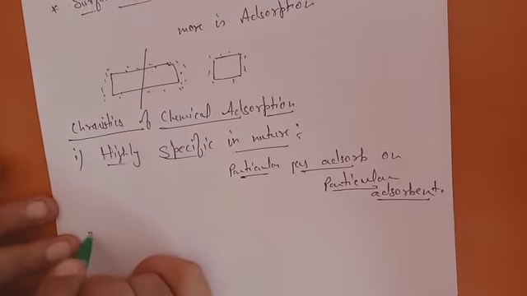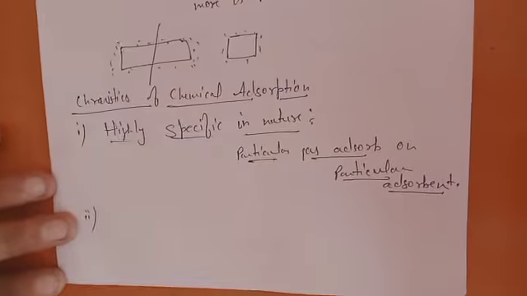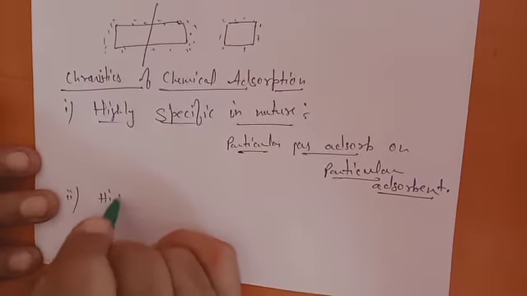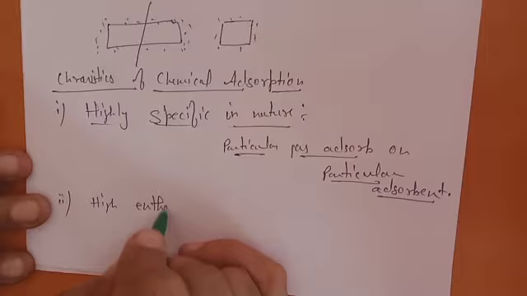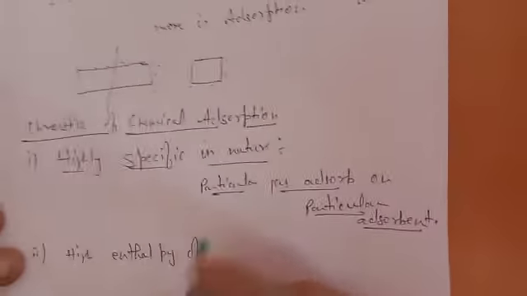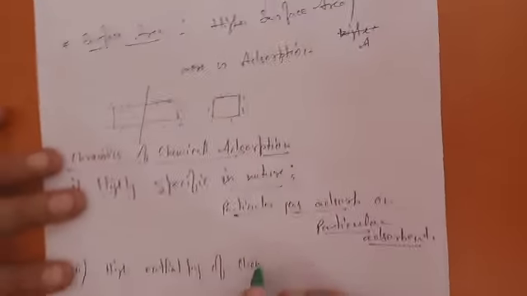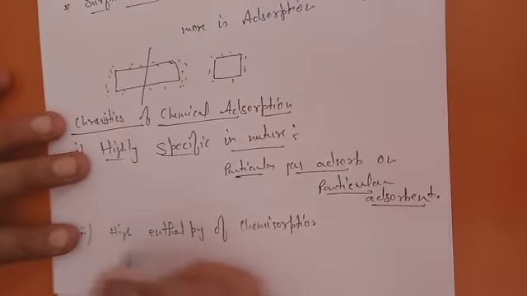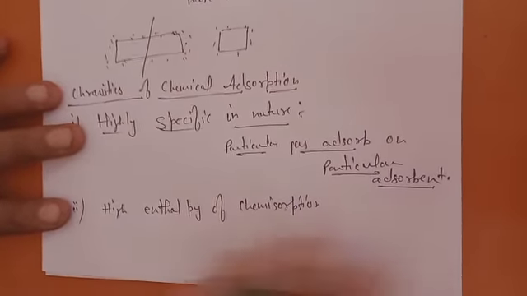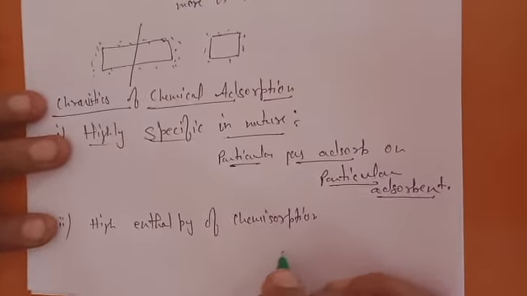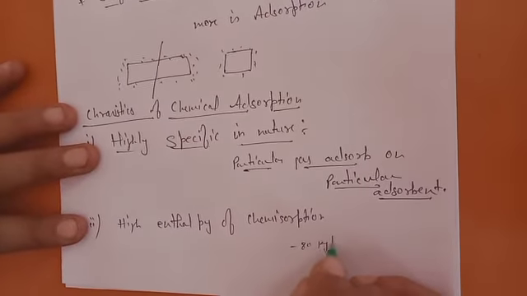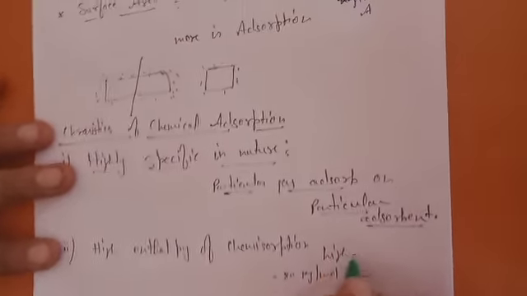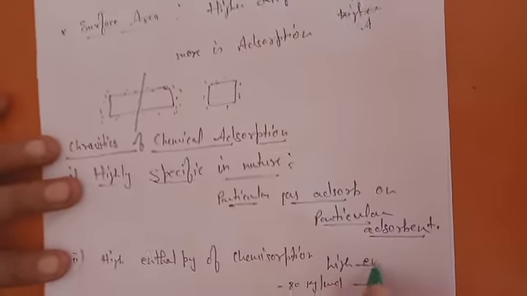The second point is that there is a high enthalpy of chemisorption. Meaning to say, when this process occurs, high heat will get released, a large amount of energy, roughly 80 kilojoules per mole as compared to that one.